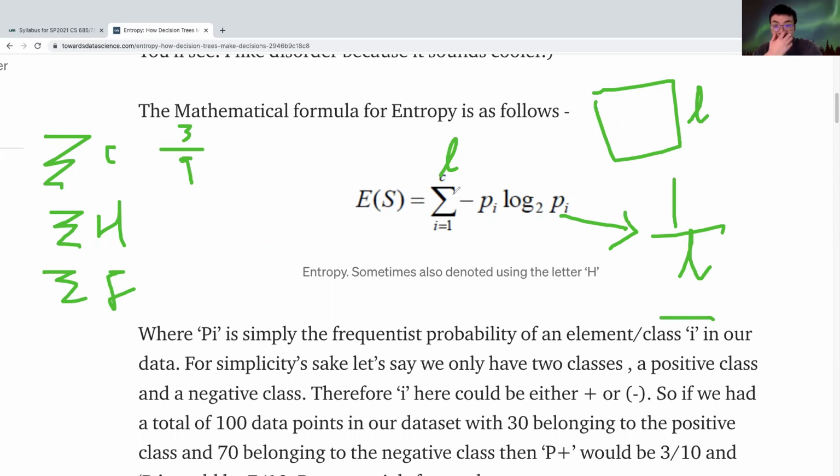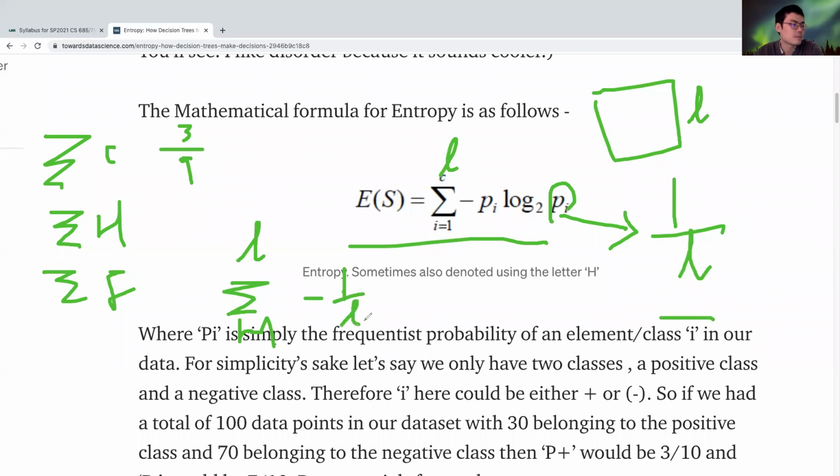If you have any question, just let me know. Now let's look at this formula again, and we assume every p_i is 1 by L. What will be the result? This is basically the sum for i equal to 1 to L of minus p_i, which is 1 by L, times log 1 by L. Log 1 by L, you can write as log L to the power minus 1.